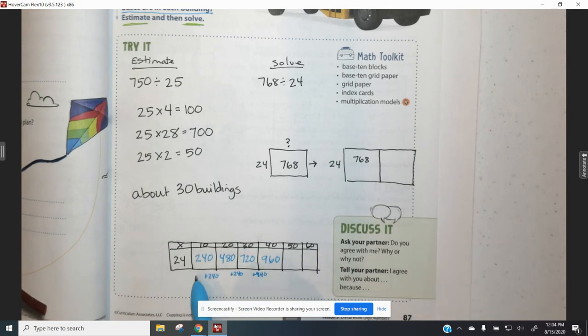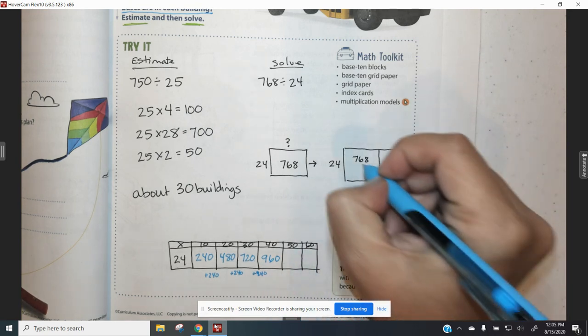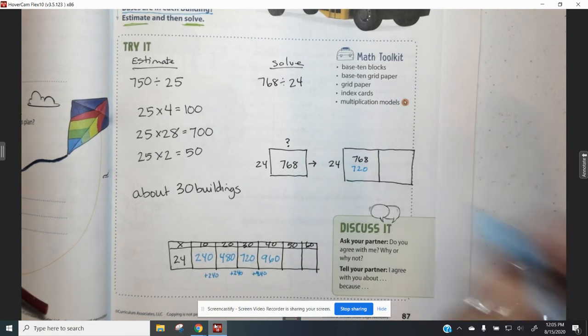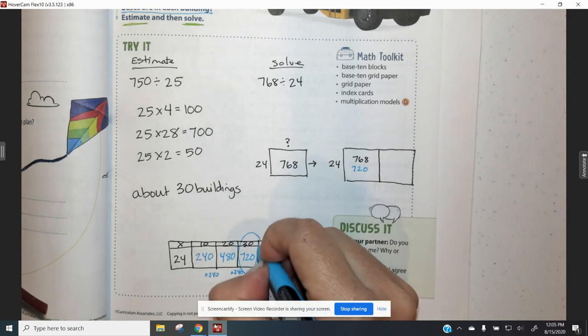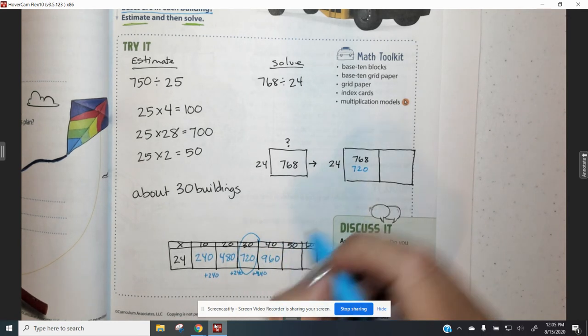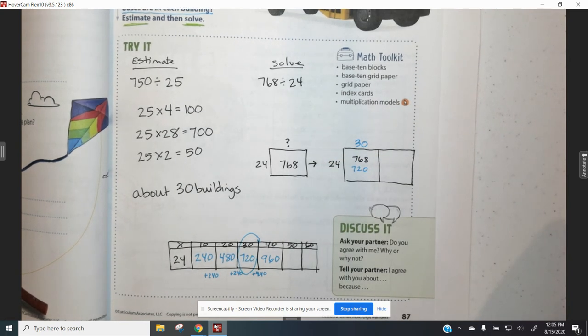All right, so we know that the highest number that 24 can go into 768 without going over is 720. So we're going to put that 720 right here. And then we're going to take our 30, and that is our first partial quotient. The 30 goes up there.